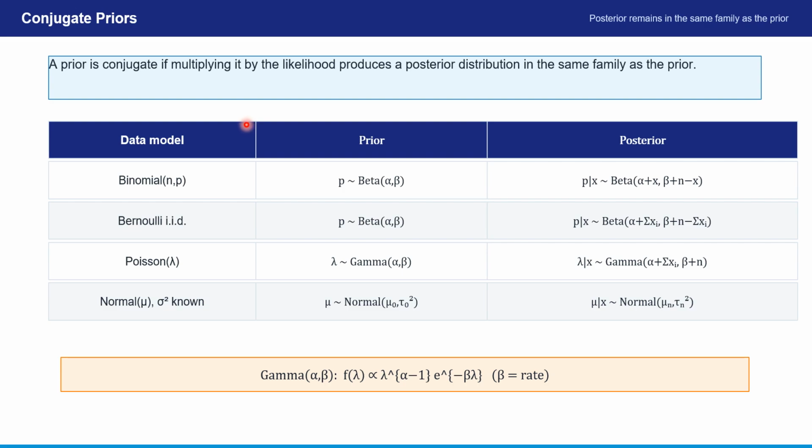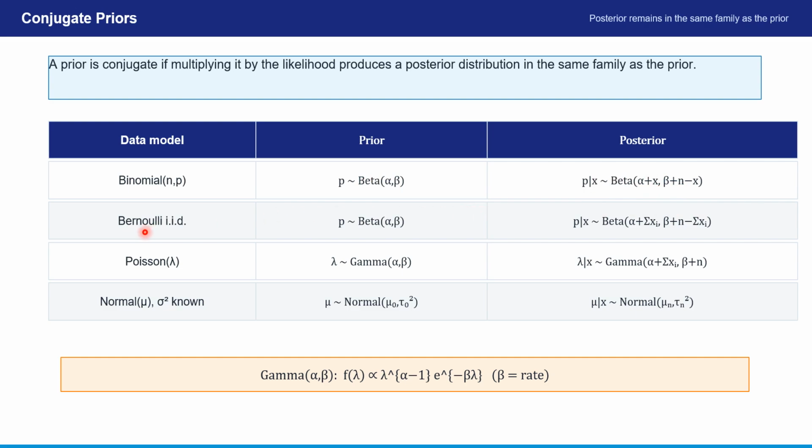For the binomial model, if x given p is binomial with parameters n and p, and the prior is p distributed as Beta(alpha, beta), then the posterior is p given x distributed as Beta(alpha plus x, beta plus n minus x). This means we add observed successes to alpha and observed failures to beta. This is the prior and this is the posterior.